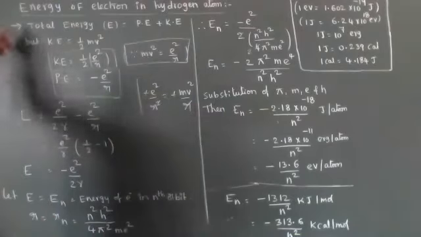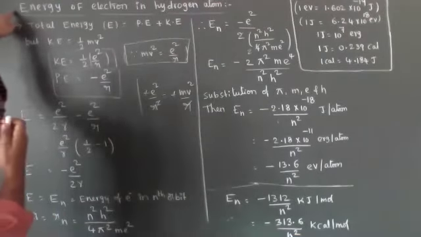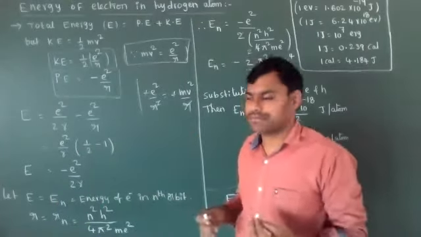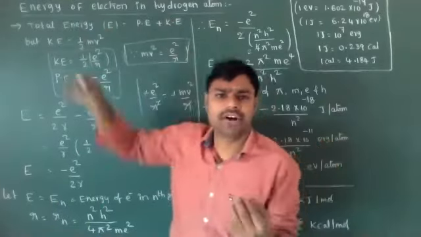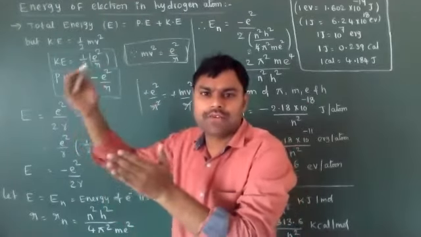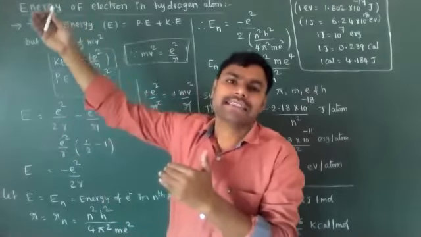So in this class, what we are discussing is the energy of electrons in hydrogen atom. In hydrogen atom, the electron may be in the first orbit, or second, third, fourth orbit, or maybe the nth orbit.